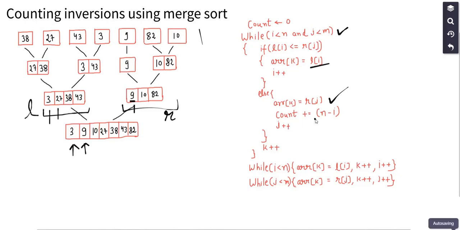And this is the modification that I have performed, where in the count I'm incrementing the answer by n minus I. What does this represent?